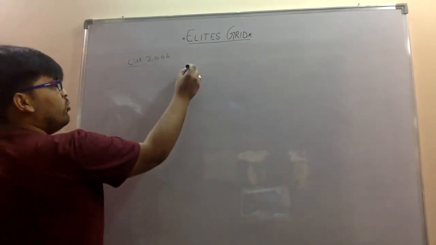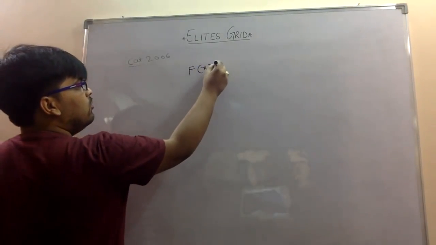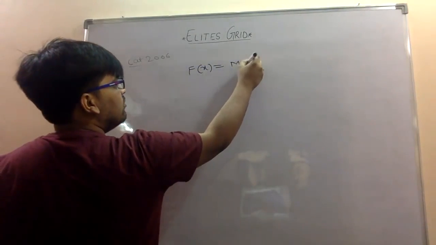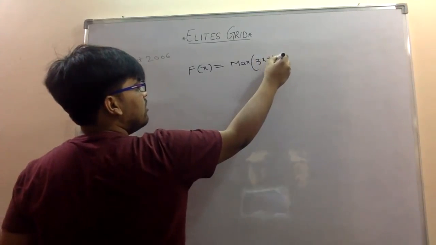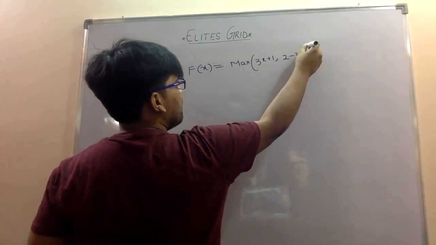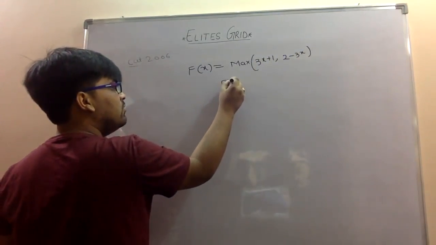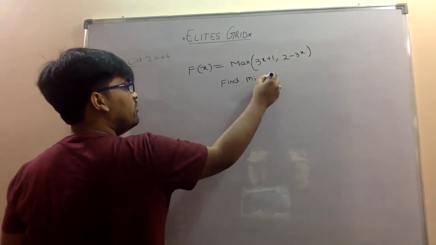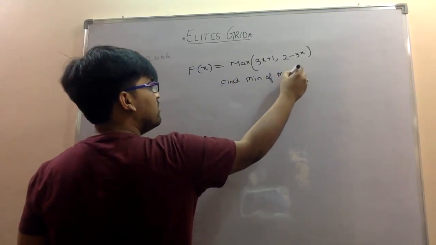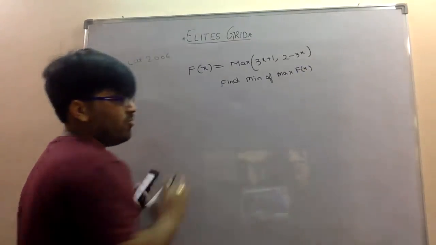जैसे इसी में कुछ और हम लोग पूछें, जैसे let f(x) = max of (3x + 1, 2 − 3x). Find the minimum of the maximum f(x).